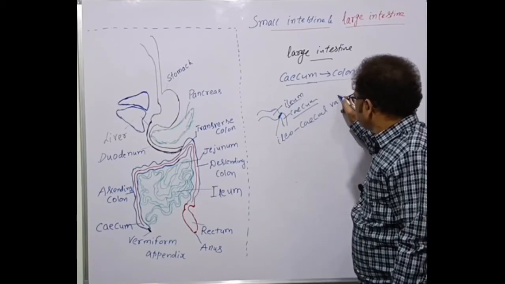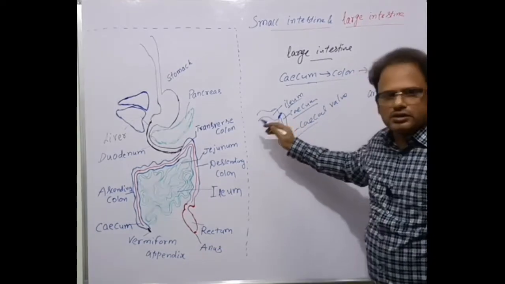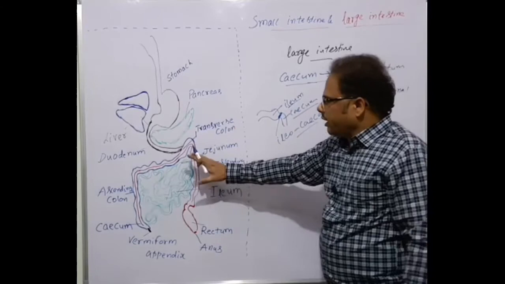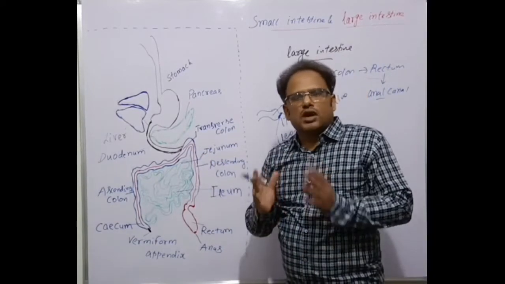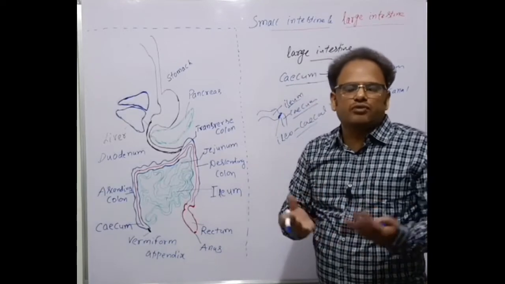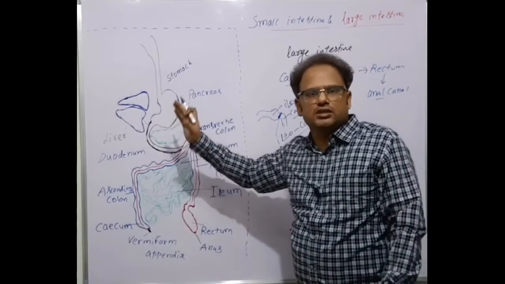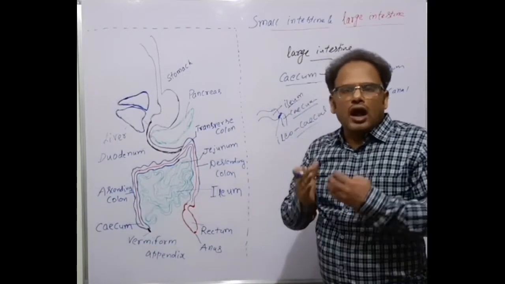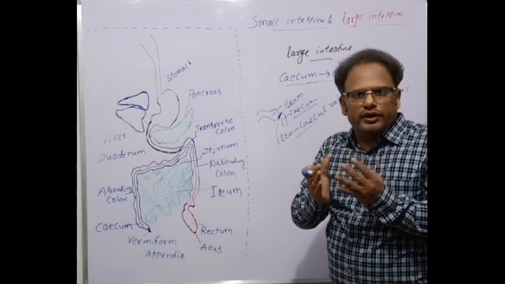The ileocecal valve regulates the undigested food, because in the small intestine the food is almost completely digested, and 90% of absorption of the digested food is accomplished in the small intestine. Still some unabsorbed and undigested food is present in the small intestine.